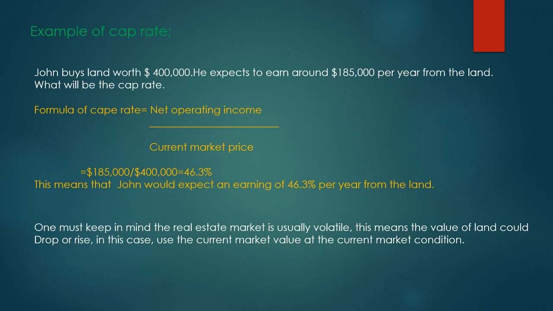One thing to keep in mind is that the real estate market is usually volatile. This means that the value of land could drop or rise. In this case, we use the current market value as the current market condition, the value of the asset in the prevailing market condition.